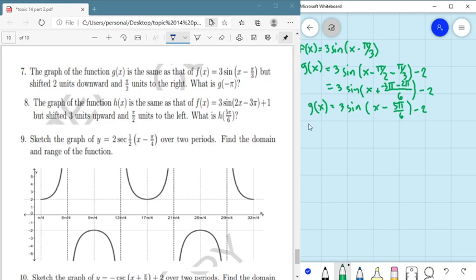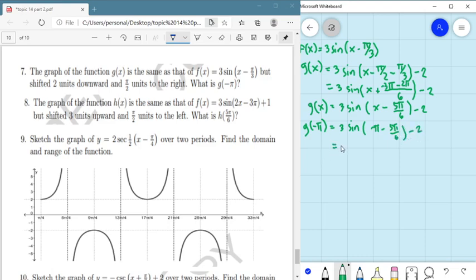Okay, to solve for g of negative pi, ang atong x, pulihan na to og negative pi. So, 3 sine of negative pi minus 5 pi over 6 minus 2.